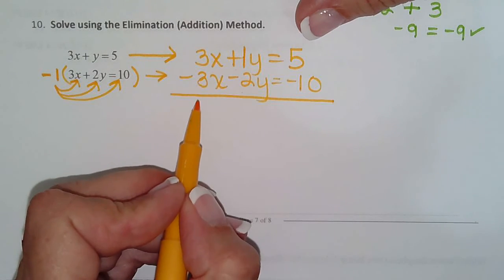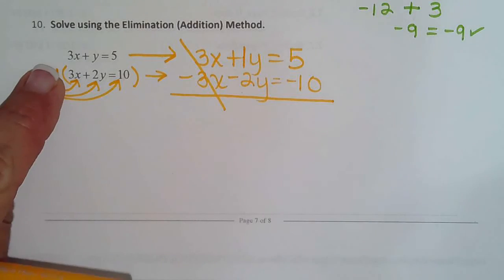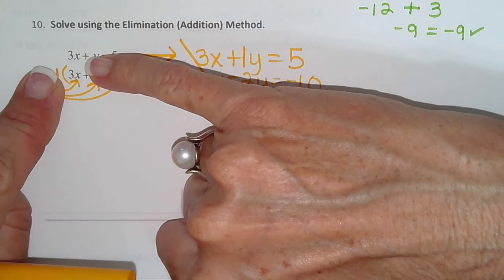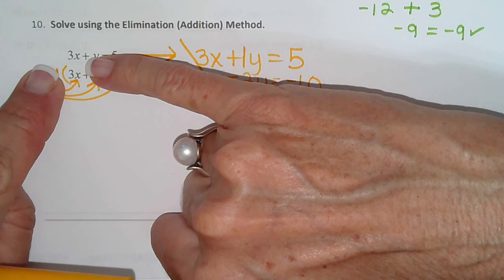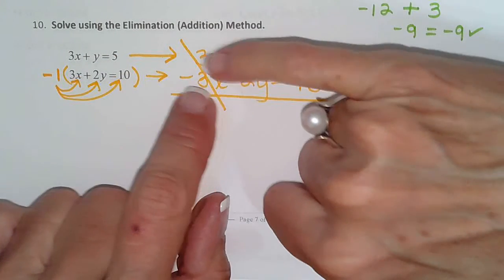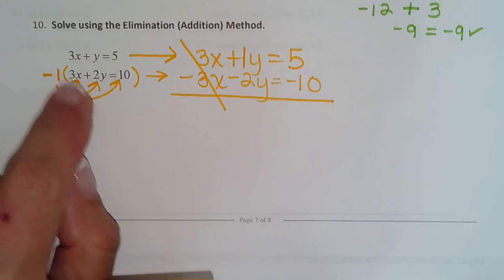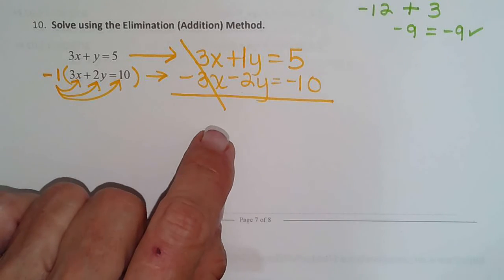3 minus 3, 0. And I can't tell you how many people on the paper pencil test cancel them right there. 3 plus 3 is not 0. So do not cross them out unless they're the same number with opposite signs. Don't do sloppy math. 3 plus 3 is 6. 3 minus 3 is 0.